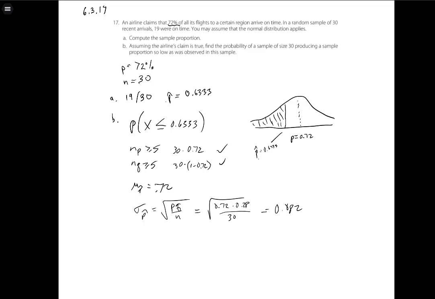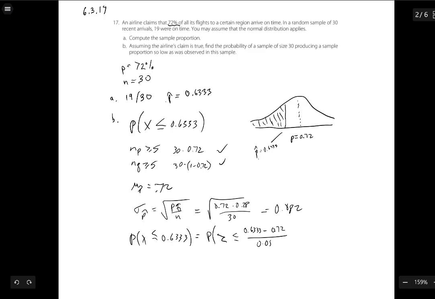All right, then we're going to calculate our proportion here. So X less than or equal to 0.6333, which is the same as if we convert this over to our standard normal. So the typical way we're doing that is we've got our sample here, 0.6333, minus the mean, which is 0.72, divided by the standard deviation, 0.082.